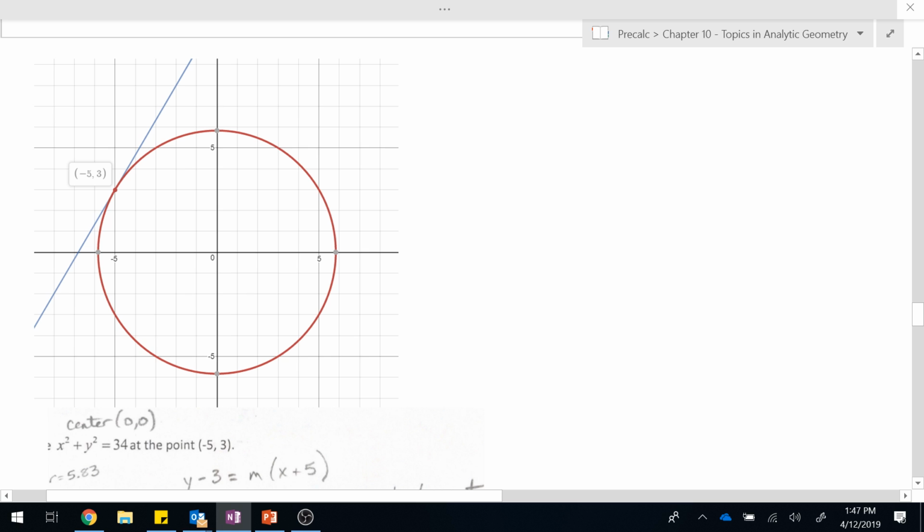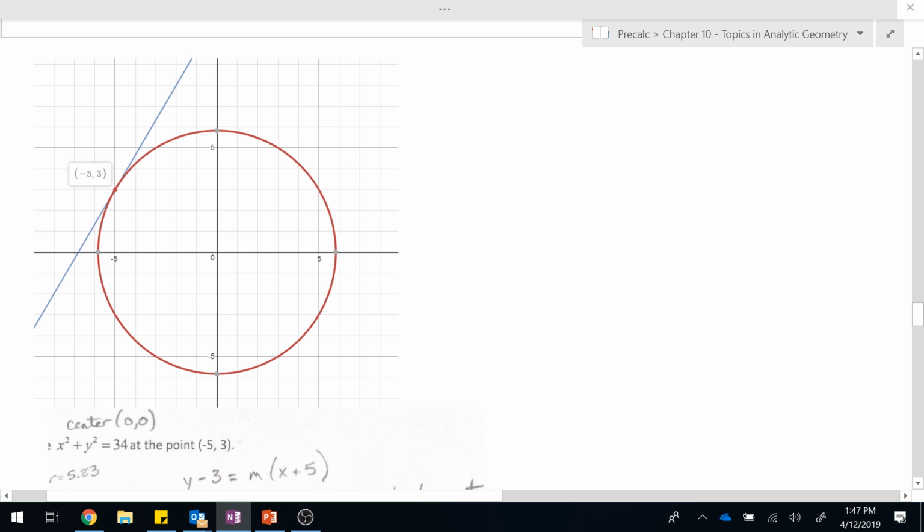You have everything you need. 0, 0 to that point. What's the slope of that radius? Rise over run. Negative 3/5. It's up 3 and left 5 from here, right? If you go from 0, 0 to that point, you're going to go up 3 and left 5. So that gives you negative 3/5.